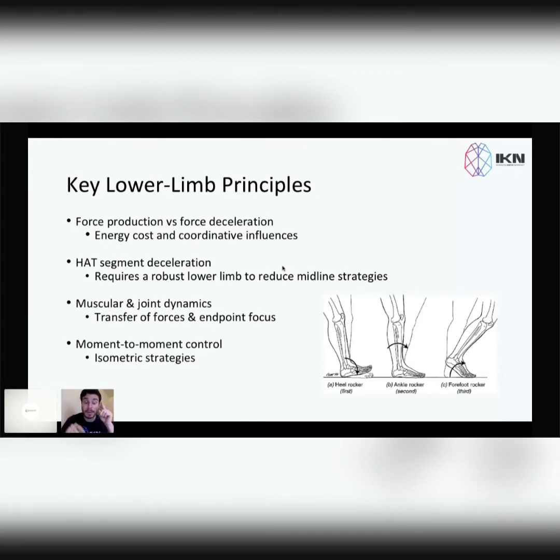Because remember, a lot of the pain that we're experiencing is just an expression of protection. If we can prove to the nervous system that we do have the ability to express those built-in protective qualities, and a lot of those built-in protective qualities is exploiting and taking advantage of those passive tissues, those tendinous forces and the biarticular tissues, then the pain serves no value anymore.